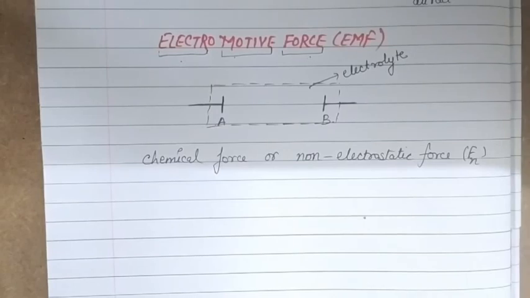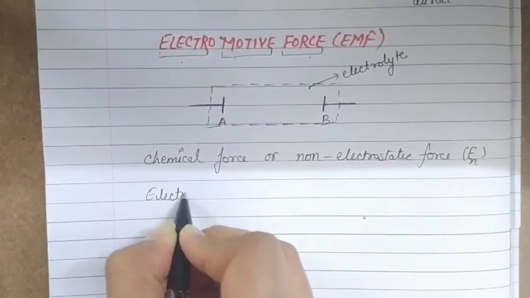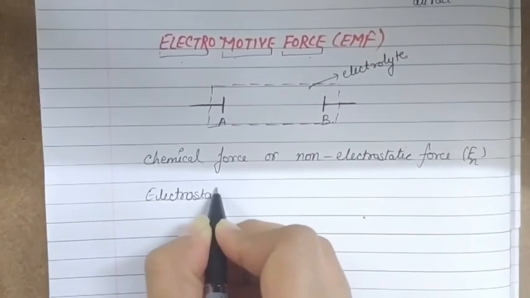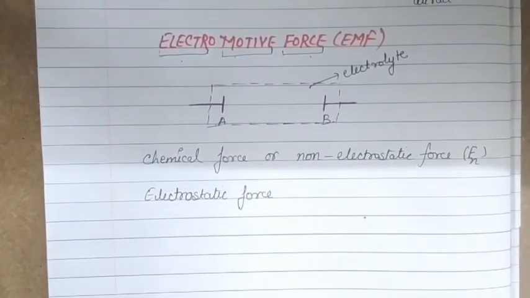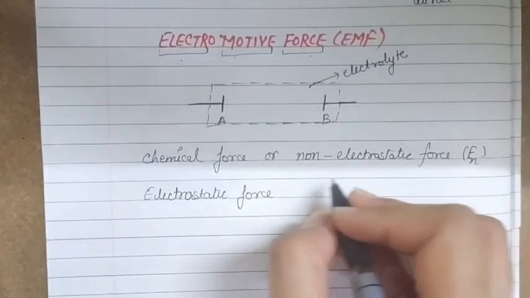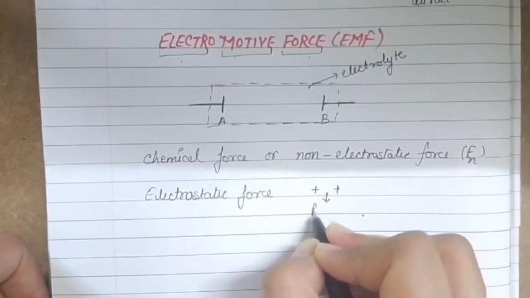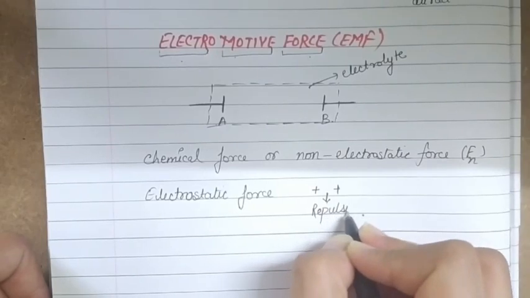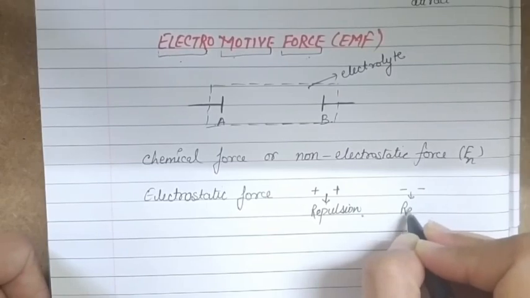So I just said that this non-electrostatic force is totally different from electrostatic force. Now what is the difference between the two? We know that in electrostatic force, where two charges exist, if the charges are positive, it will show repulsion. If negative, again repulsion.